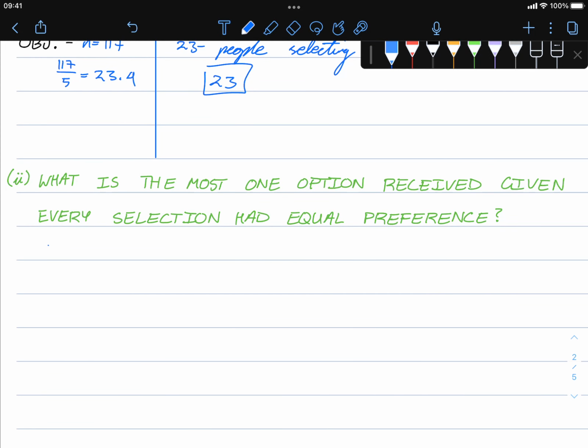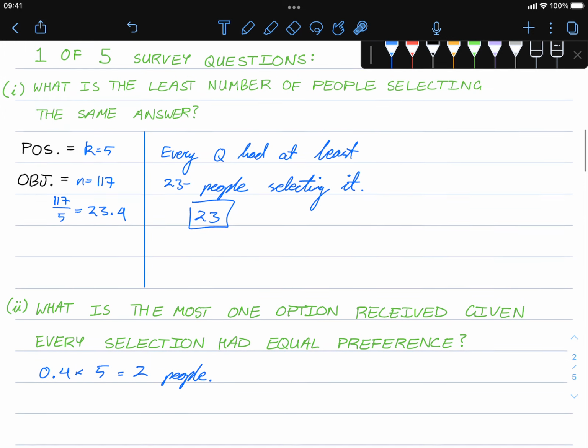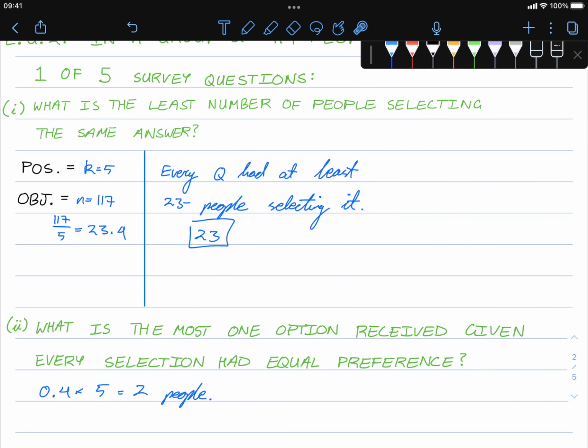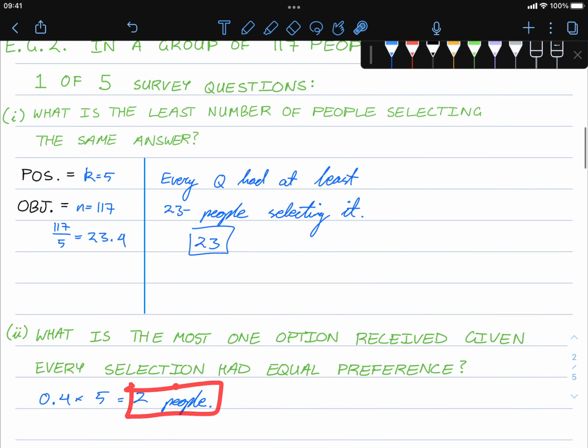Because now, what is the most one option received given every selection had equal preference? Well, if you take the 0.4, the remainder there, or the decimal, times it by 5, that gives us 2 people. Now, given that every option was equally selected as possible, then these 2 people must have selected 2 other questions.